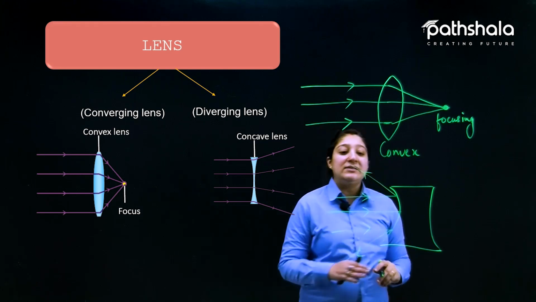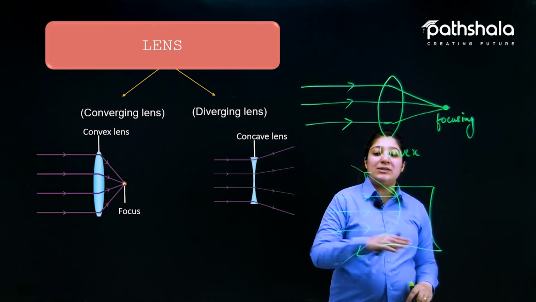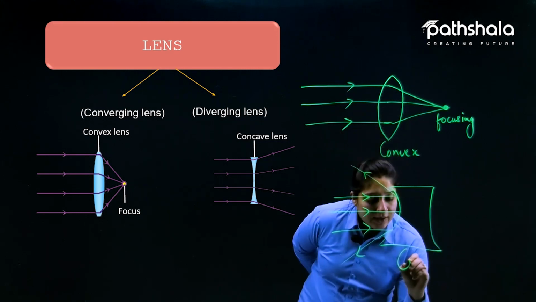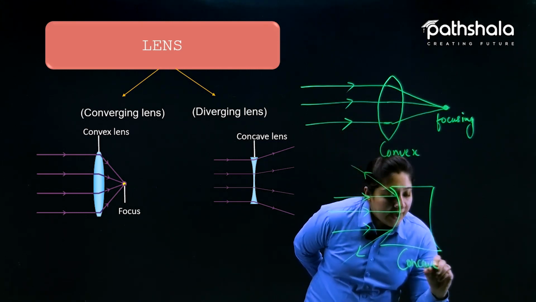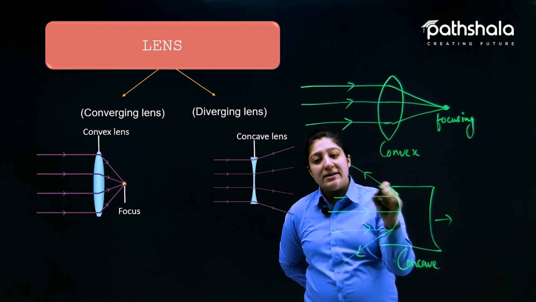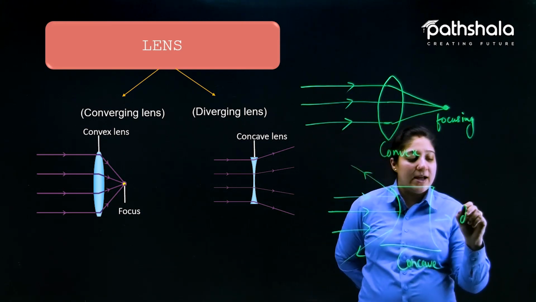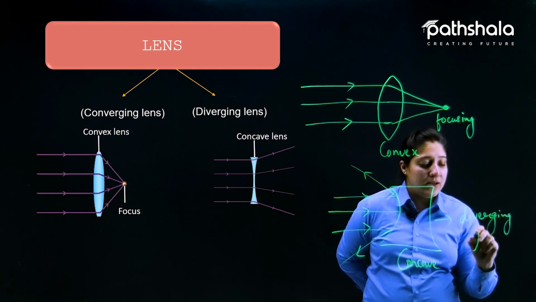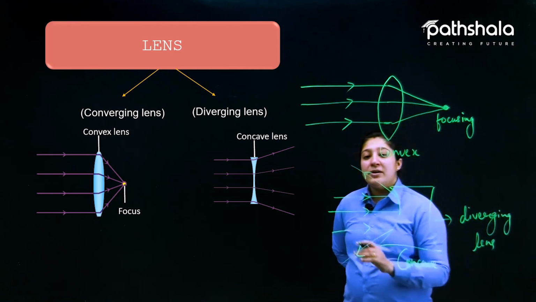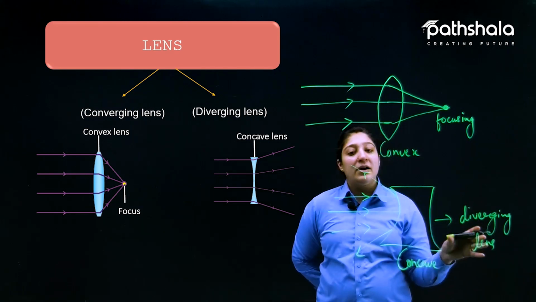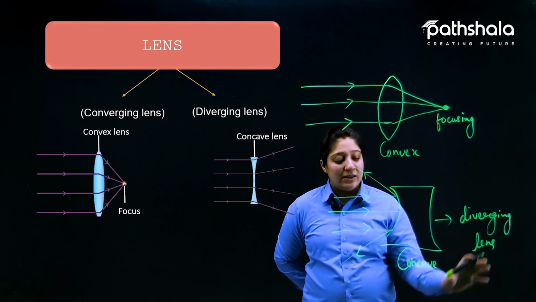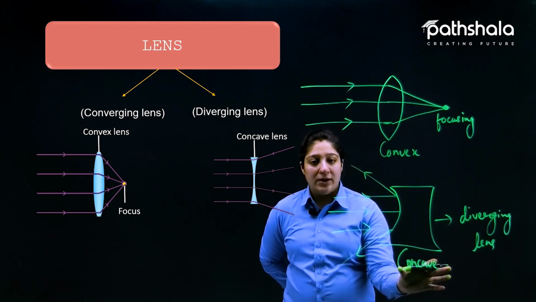Now as it is diverging the light rays towards the other side, this type of lens, which is our concave lens, is known as a diverging lens. So if somewhere you need to write about or discuss a diverging lens, that is nothing but our concave lens only, right?